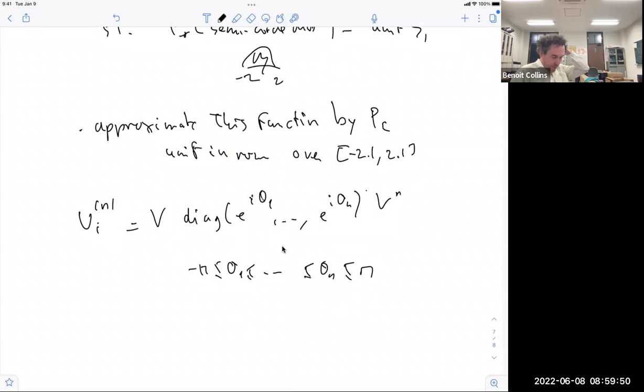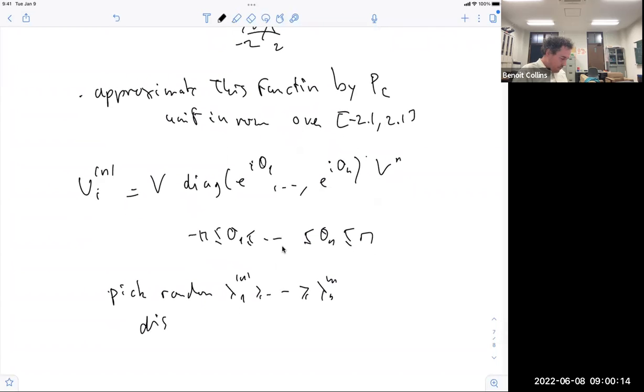And then what we do is we pick random λ_1^n bigger than ... bigger than λ_n^n, which are distributed according to the eigenvalues of GUE.